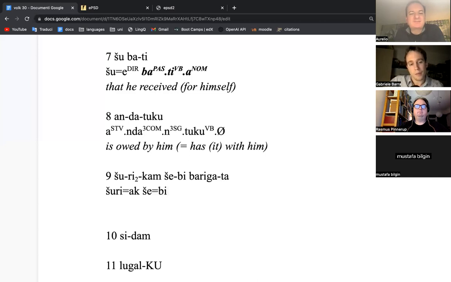I'm still a little bit confused by what this is actually trying to tell me here in line 9. Rasmus, Mustafa, do you guys have an idea? Sorry, I'm saying I'm still confused by that first part of line 9, what that actually is trying to tell me. Maybe it would help to know what Barigata is.